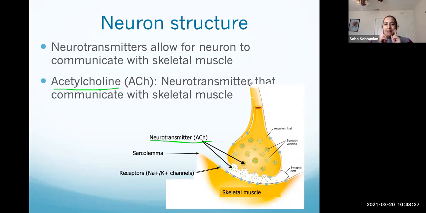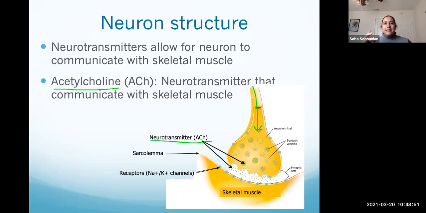So pay attention to this, guys. When there is a muscle contraction, what causes that to happen is first, an electrical impulse coming down your axon, which is this structure right here, and reaching the axon terminal, which is this space.